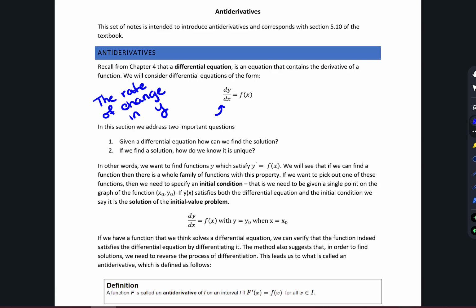And so this is why the derivative of the function y with respect to x is going to tell us the rate of change in y. And notice we can see by the way that this is written that that rate of change in y is a function of x. And again, we're taking the derivative of y with respect to x, and then that is equal to, again, some function of x.